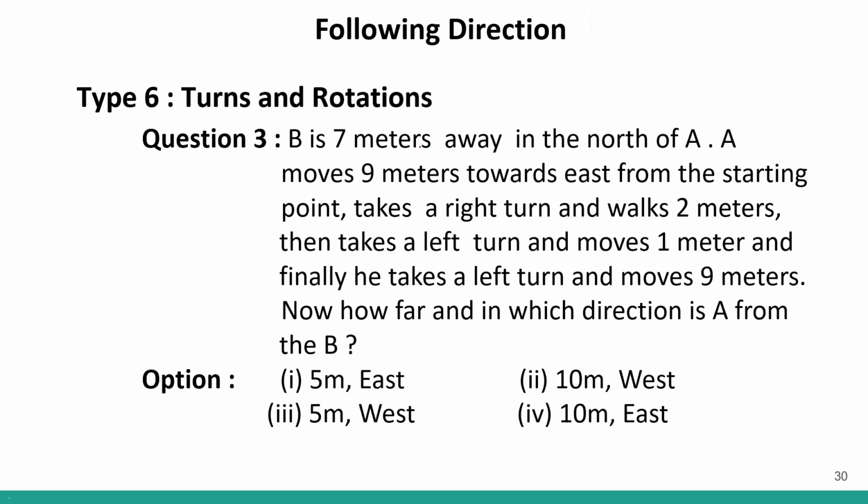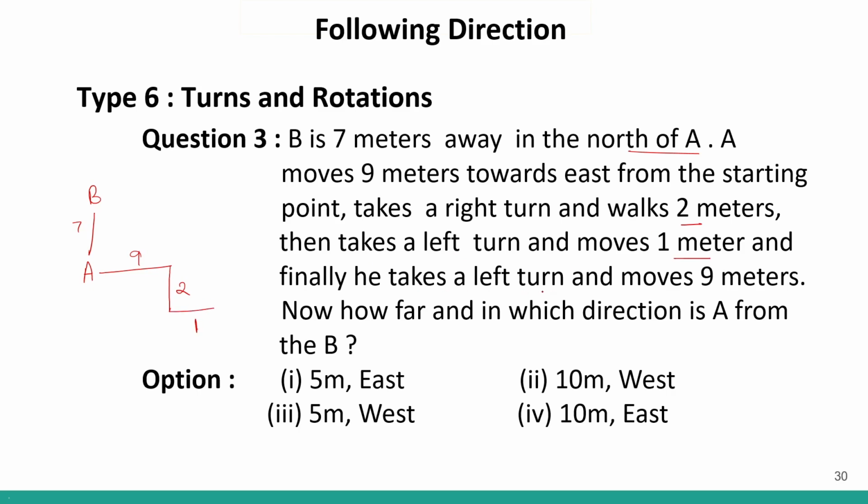Now B is 7 meters away in the north of A. So B is 7 meter to the north of A. A moves 9 meter towards east from the starting point, okay, and takes a right turn and walks 2 meter. Then takes a left turn and walks 1 meter.